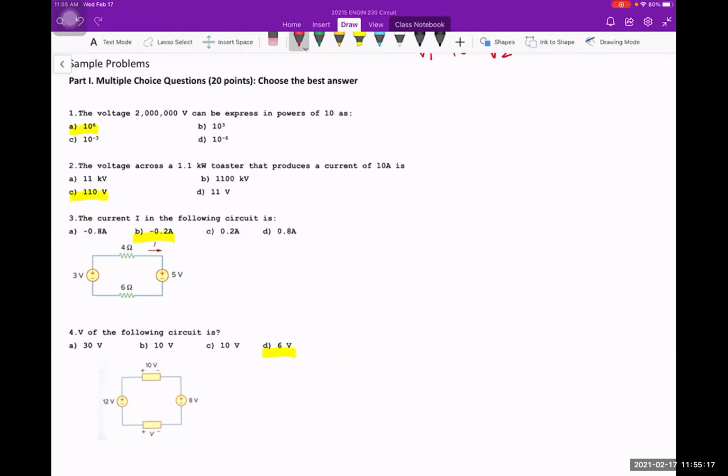The second one here is talking about the power. So if you want to find the voltage, they give you the current, what is the kilowatt? What is the unit for the kilowatt? Is it the power, or is it the energy? Power. It's a power, right?